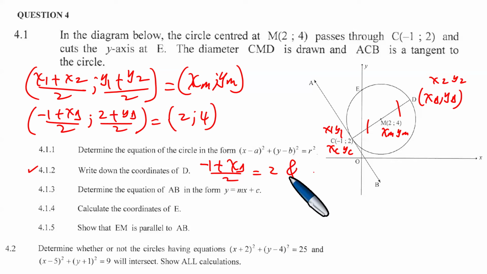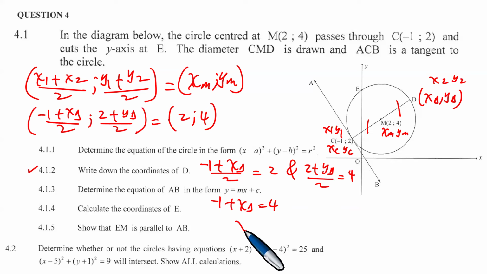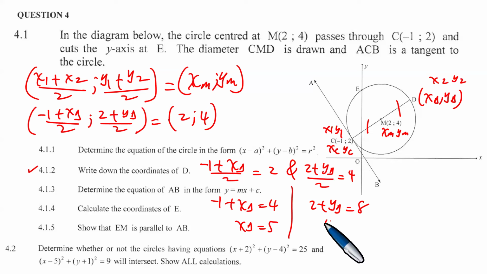We have this, which is (2 plus yd) out of 2, which equals 4. (-1 plus xd) out of 2 equals 4, which means that xd is 5. 2 plus yd is 8, and this means yd is 6.